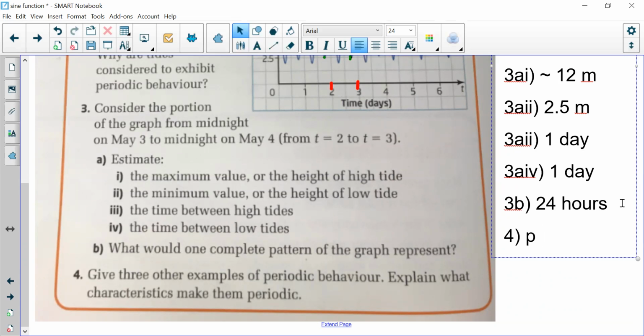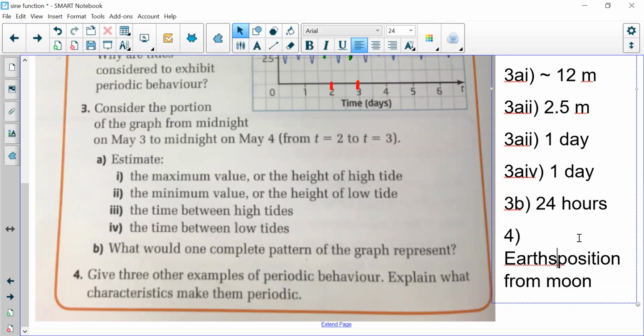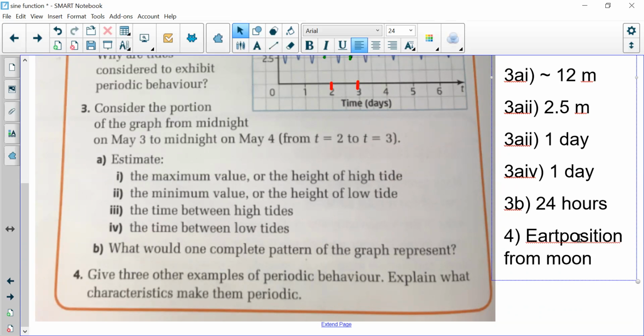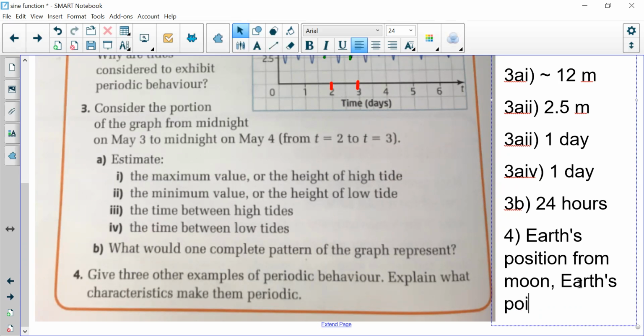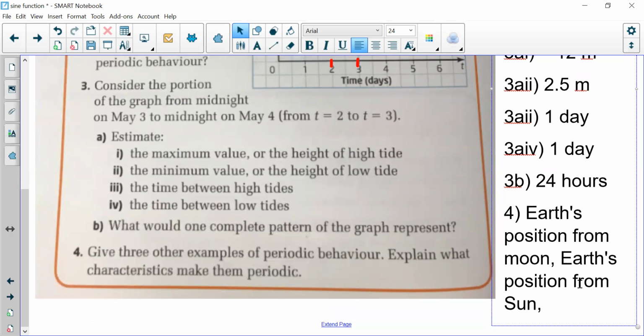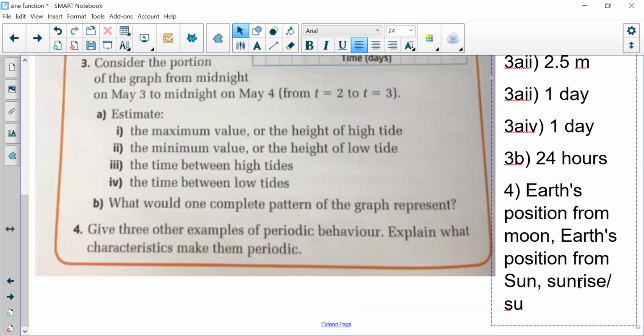So Earth's position from the moon, Earth's position from the sun. I'll put sunrise, sunset. 1, 2, 3. One more. Oh no, we got 3.